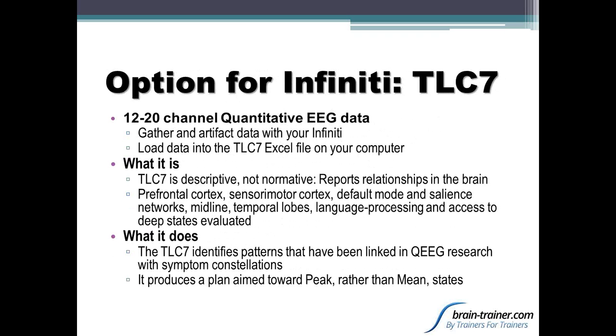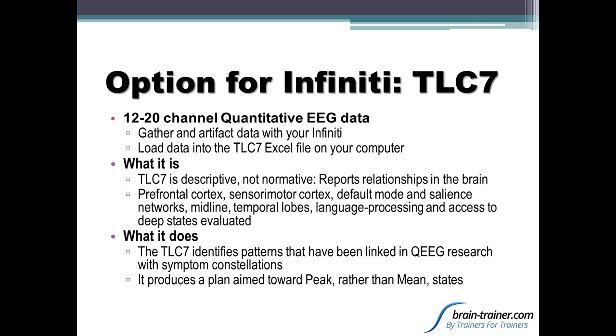So what is the TLC7? First of all, it's a descriptive file. It's not normative. We don't talk about whether a person is normal or not normal. We talk about whether they have a fast brain, they have a slow brain, they have a brain which is dominated by middle frequencies, a variety of other kinds of things.